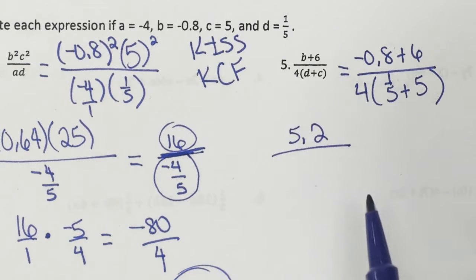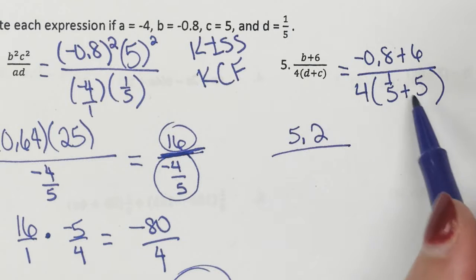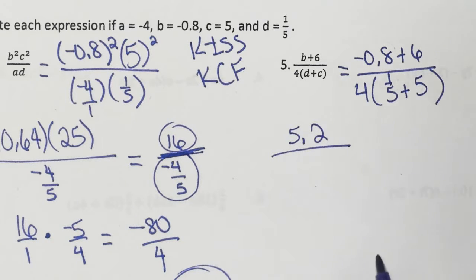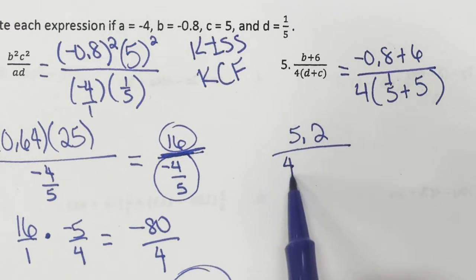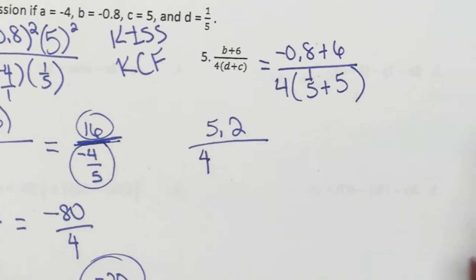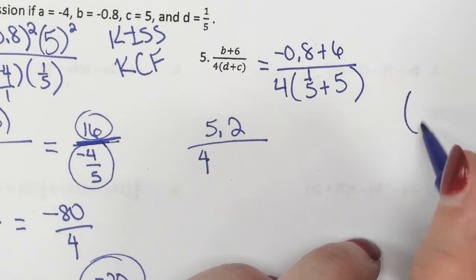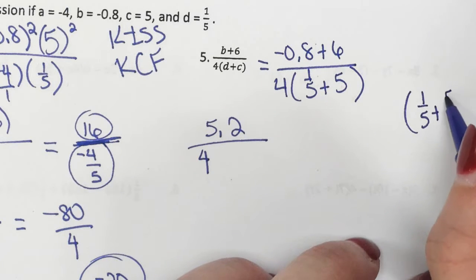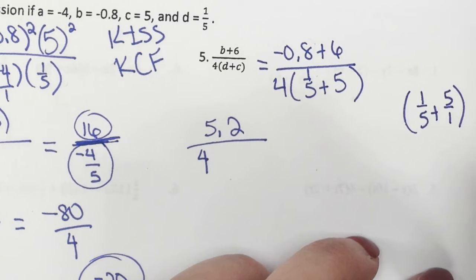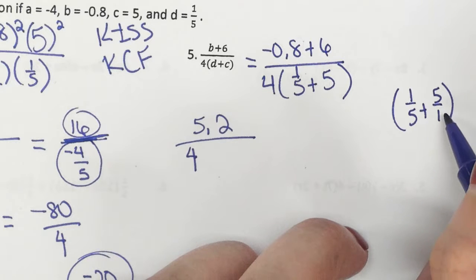5.2. Okay? Now, if you're really good with fractions, then you know that 1/5 plus 5 is 5 1/5, which is 5.2, right? If you're not very good with fractions, then we need to do that on the side. You ready? How do we add fractions? Common denominator. What's the common denominator? 5.